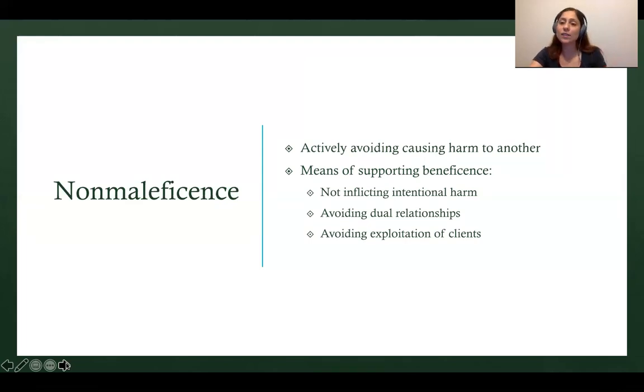And by diagnosing them with something and pathologizing them in that way, without taking their culture into consideration, you could be doing harm by assigning a label and bringing stigma. So it's kind of complex.